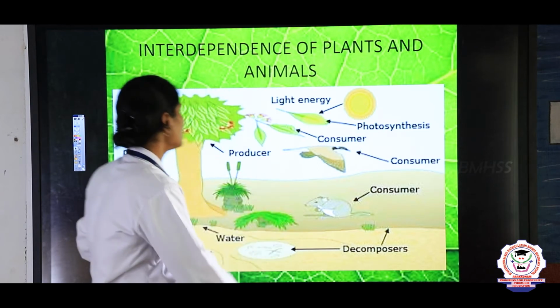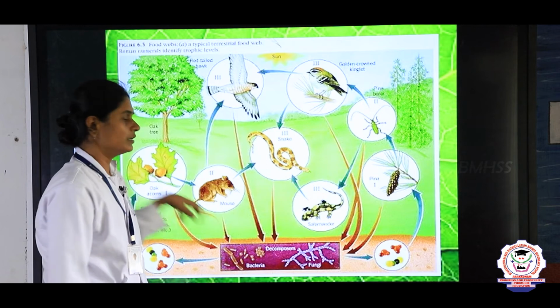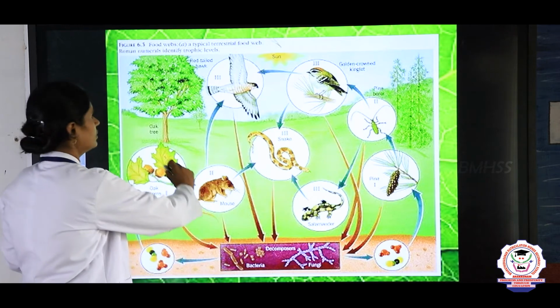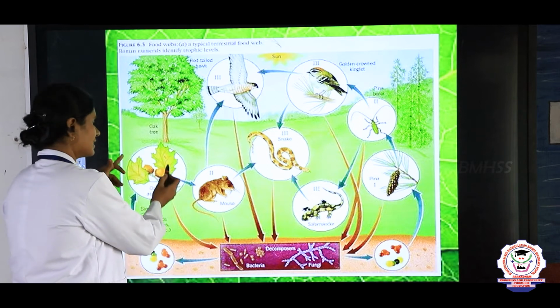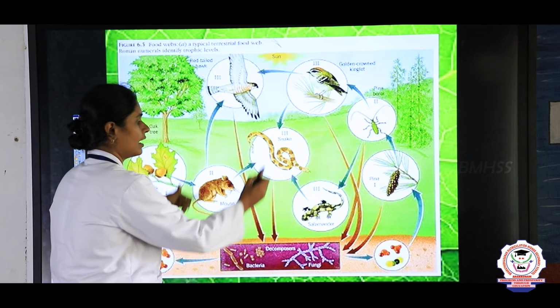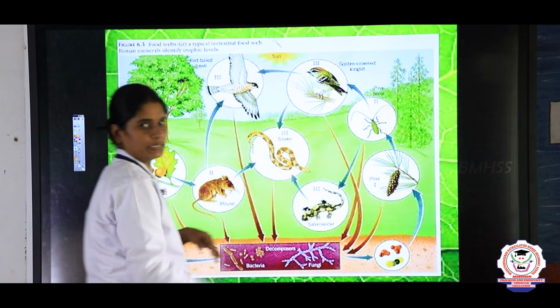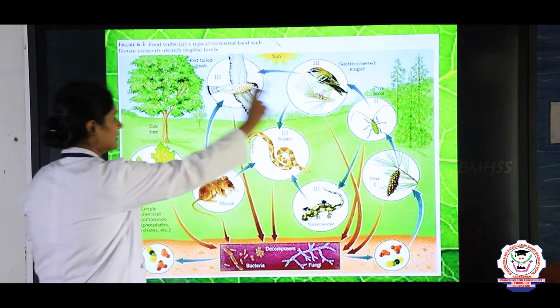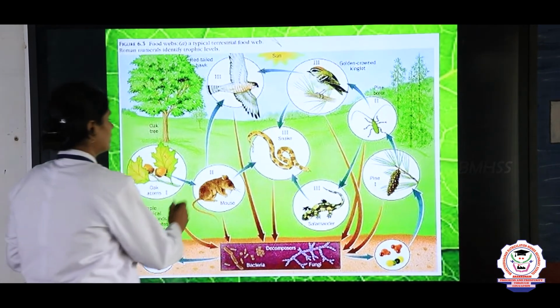Thereby we can see the interdependence of the animals. The seeds are eaten by the mouse, the mouse can be eaten by a snake, and the snake can be eaten by a vulture or any bird. So, there is an interlinking between the plants and animals.